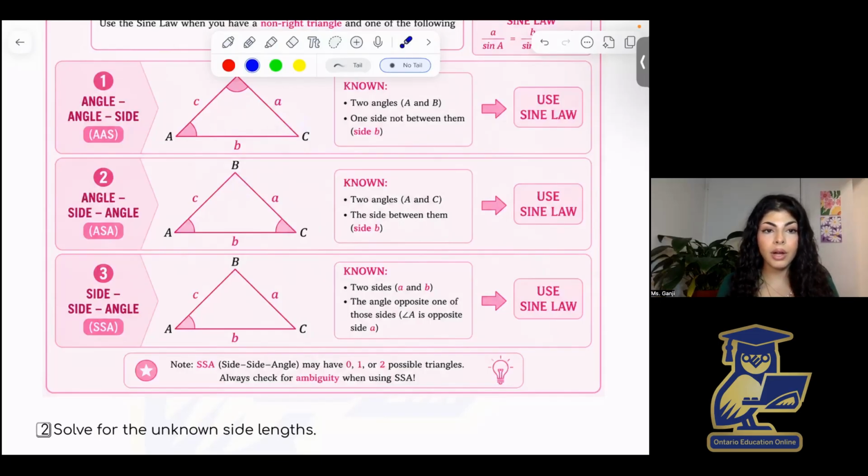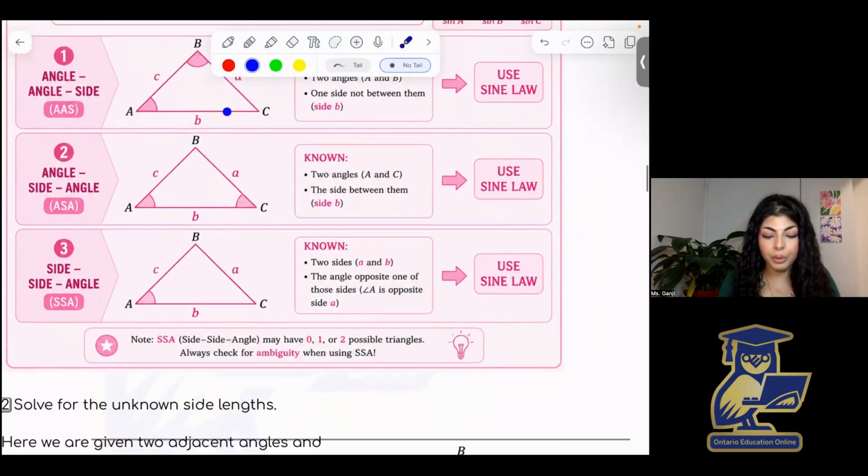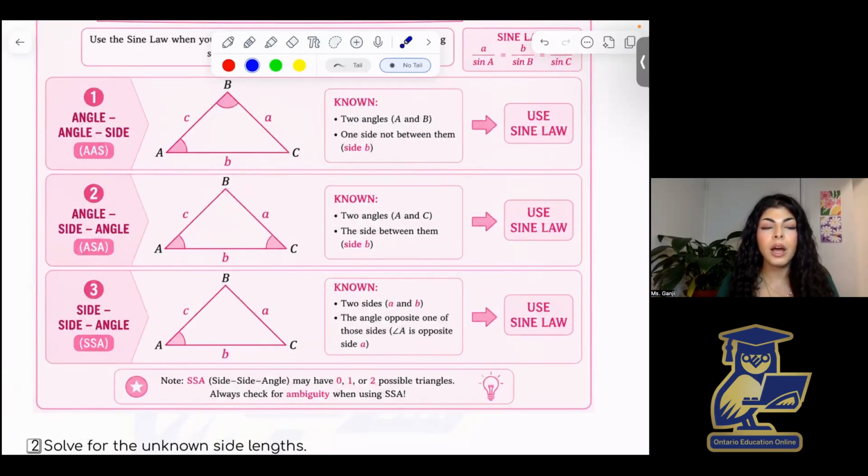As long as you have two angles, you have all three angles because you can use the sum of the interior angles of a triangle, which is 180 degrees, to solve for your last unknown angle. And given B, I have these two as my ratio, and then I can either solve for C or A, depending on which one I need, and I will use the corresponding angle.